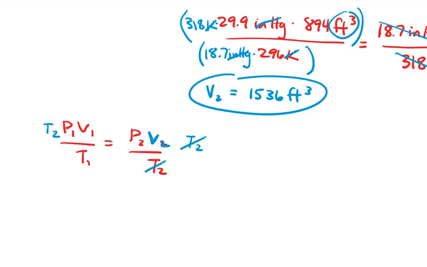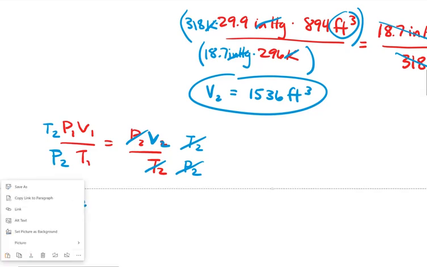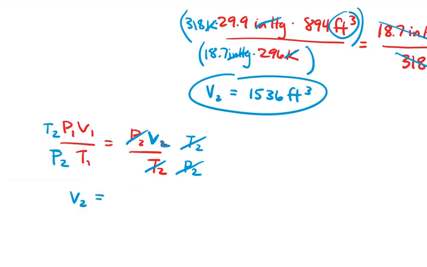And then we divide both sides by P2, so P2 goes on the denominator on both sides. That would cancel out P2 on this side and move it to the other side. And what do I really have right now? If I rearrange the equation, I have V2 equals T2 P1 V1 over P2 T1.